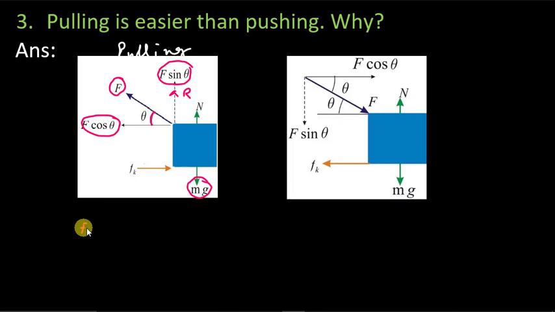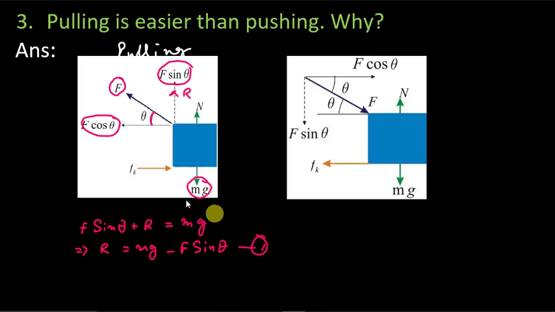F sin theta plus R is equal to mg. So from this we can write R equals mg minus F sin theta. This is equation 1.